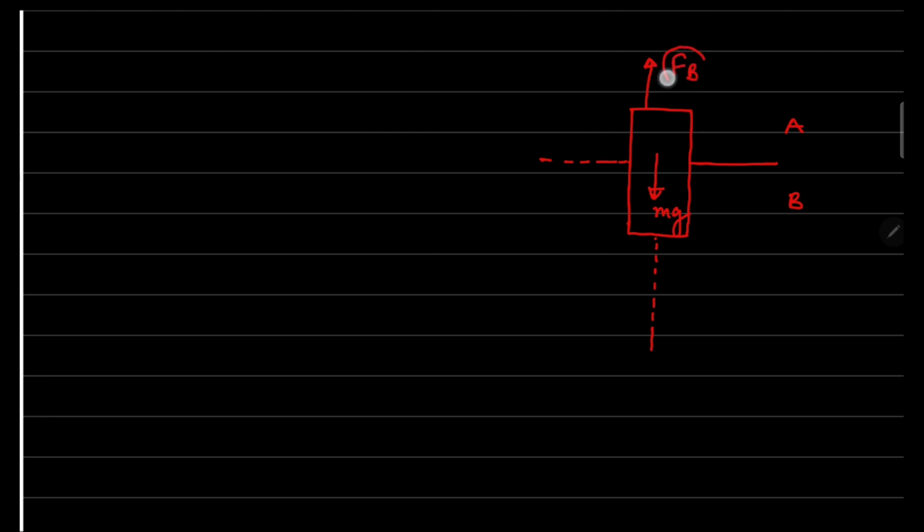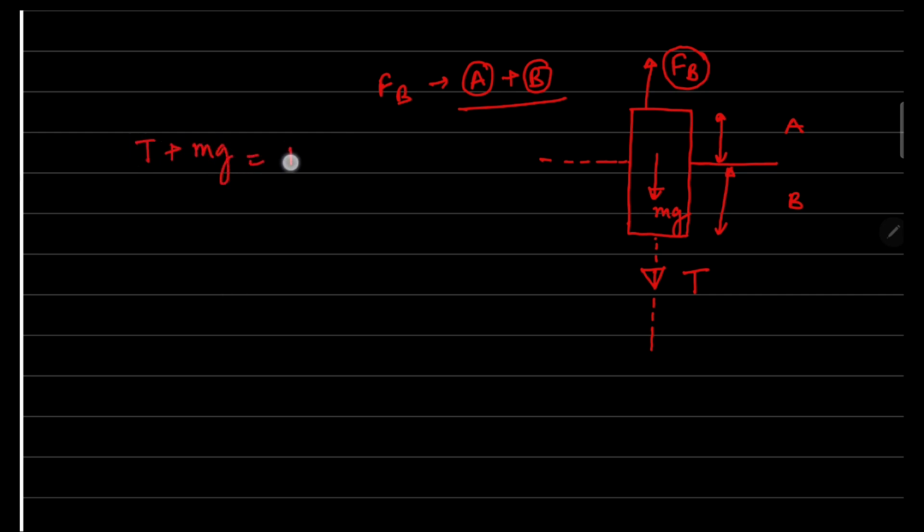This buoyancy force is due to the flotation of the body in liquid A and liquid B, so that will be two parts. So FB, the force of buoyancy, will be due to liquid A plus liquid B. You need to remember this. Tension is working in this direction, so T plus mg is equal to the force of buoyancy.